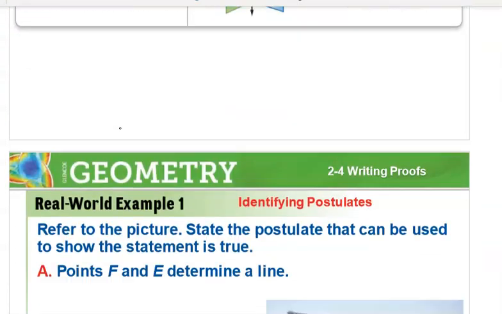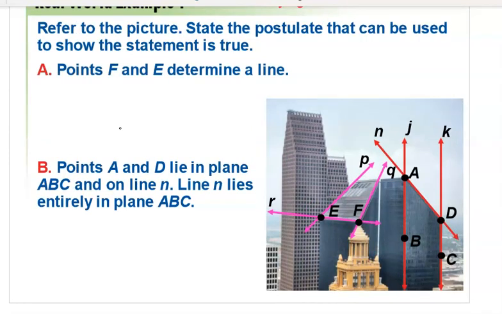So what we would do is come down here and write through any 2 points, there is exactly one line. And you can abbreviate. The thing about abbreviations, though, is they have to be specific to that. So PTS is a pretty well accepted abbreviation for points.